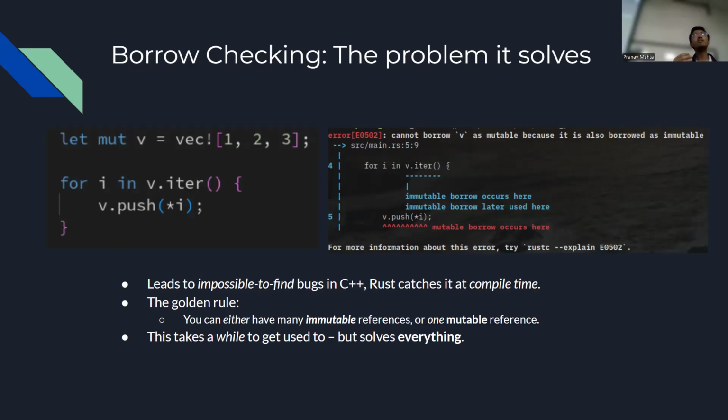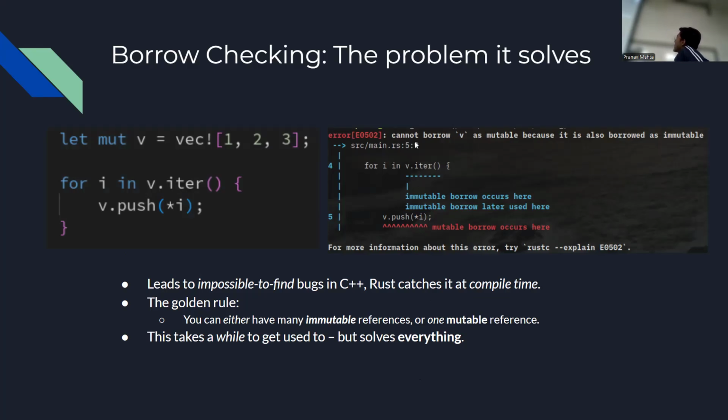Immutable references only let you read data. Mutable references let you read or write to it. This is a rule that will be enforced by the compiler. Rust is very careful to make sure that this can be checked within each function, and the compiler will yell at you if you violate it.